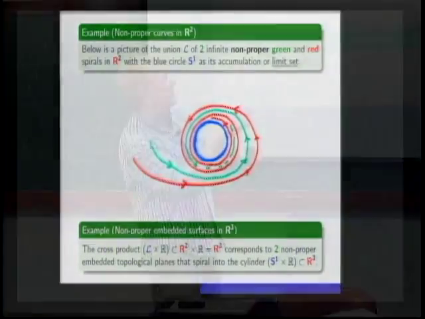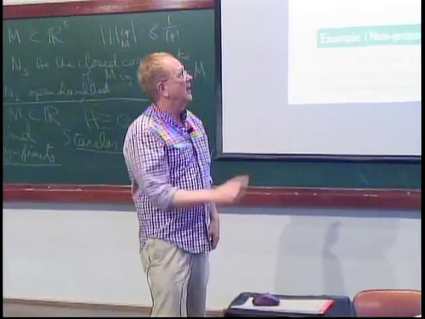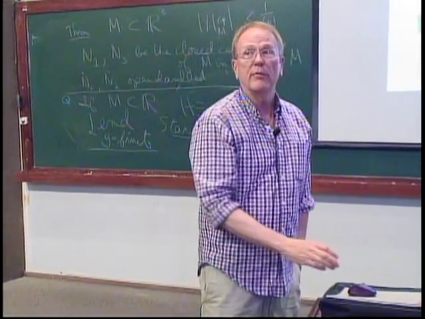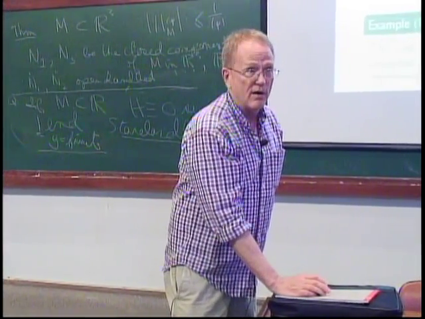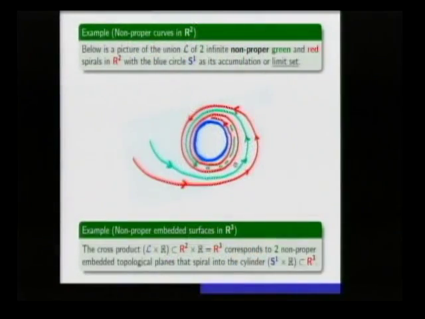You'll see a blue cylinder, and you'll see a surface just wrapping around the blue cylinder, a red surface and a green surface. So you can make the same sort of picture in R3. Okay, so those would be not proper surfaces. Any questions about this idea of proper?